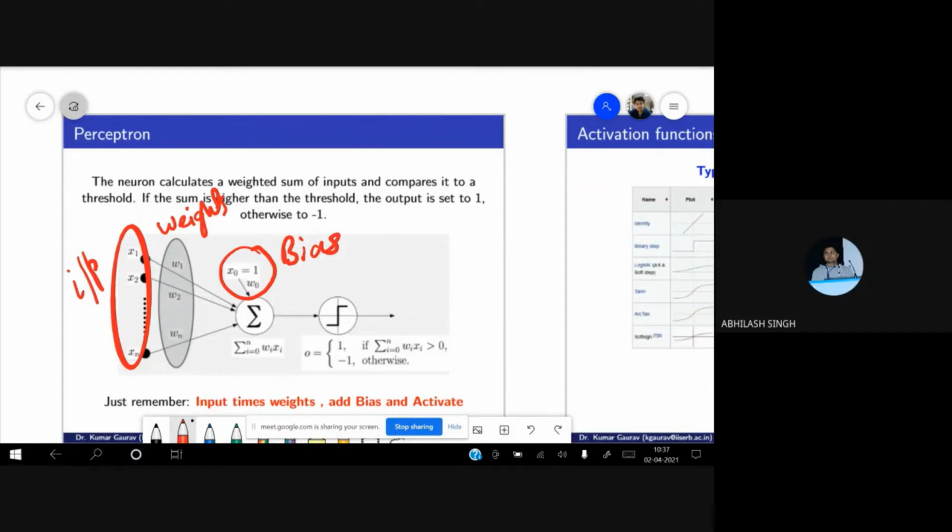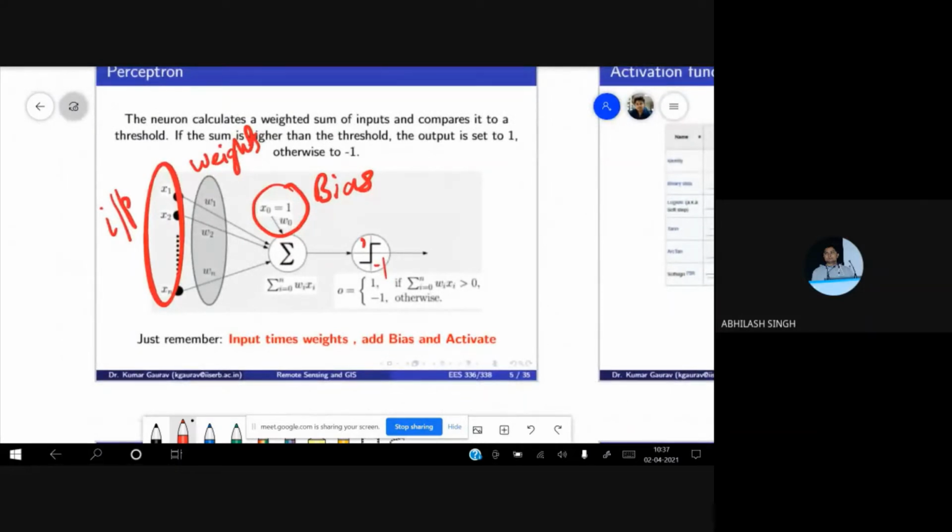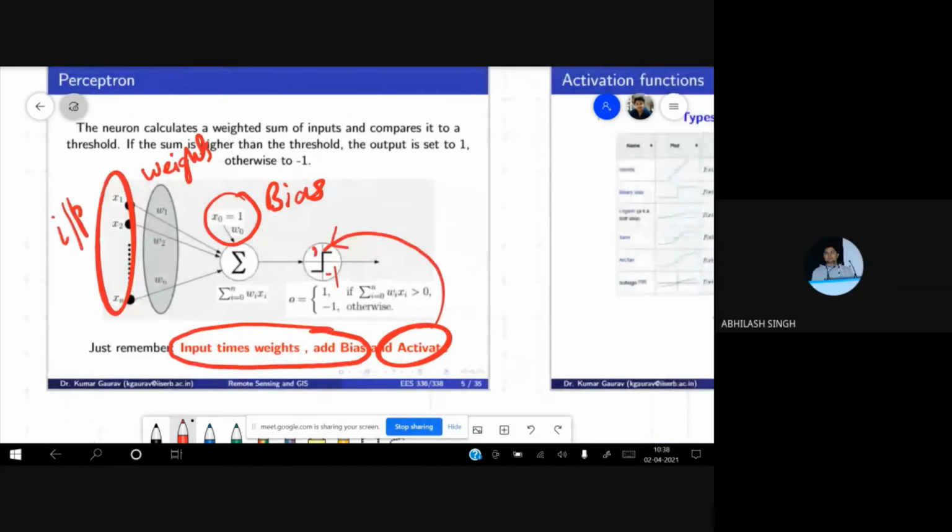A simple thresholding is there: if the summation is greater than 0, then the value will be 1, or it will be -1. So in ANN we just have to remember two things: input times weight, add bias, and then activate using an activation function listed here.